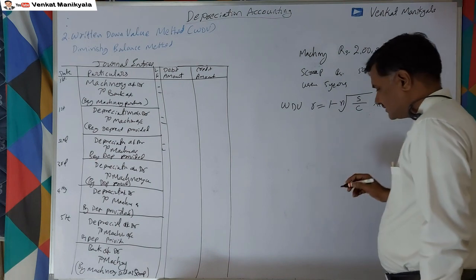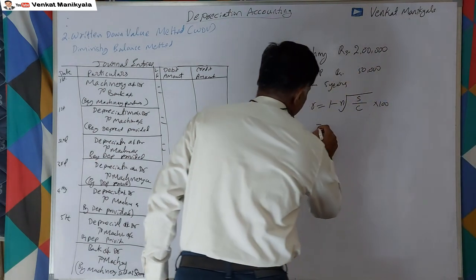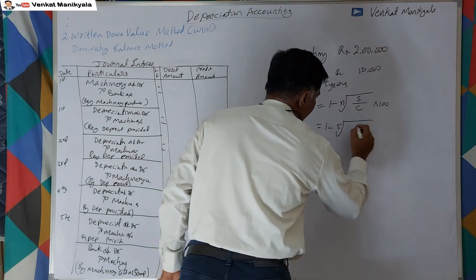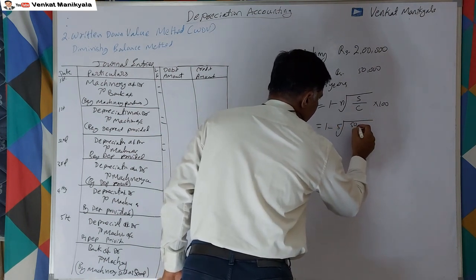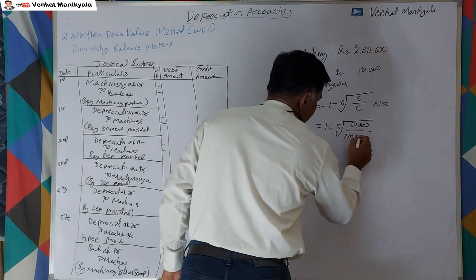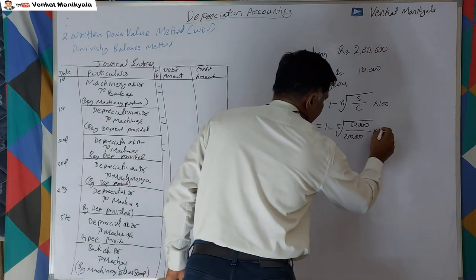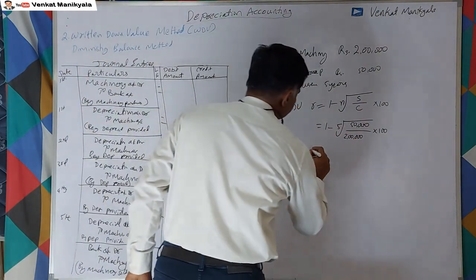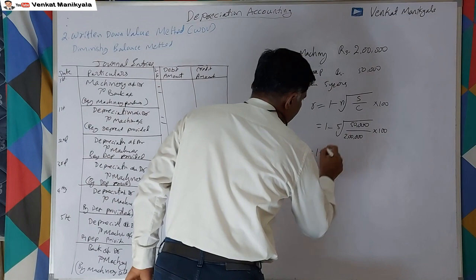Already we have discussed this formula. So let us replace the values. That is 1 minus, n is 5 years, root of scrap value 50,000, cost 2 lakhs, right? Multiplied by 100.